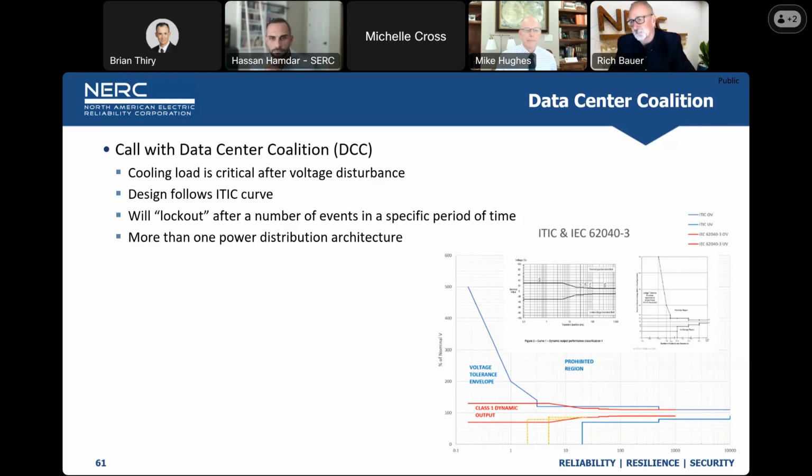Like I said, it's in the report, but it's a very critical piece of this, that we have to be able to control reconnection of that load.